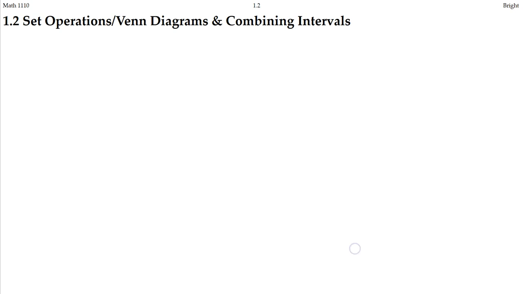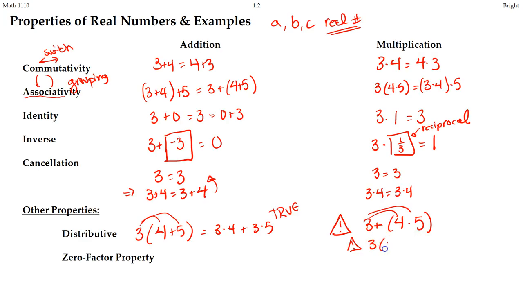This is a hazard. If we have 3 times the quantity 4 times 5, this is really just the associative property, but students like to say, oh, this is 3 times 4 times 3 times 5. But that's not true if you look right up here. So this is not equal. Watch out for that.